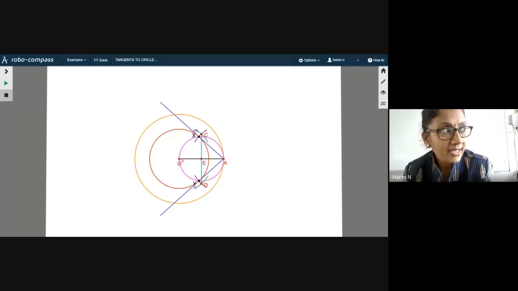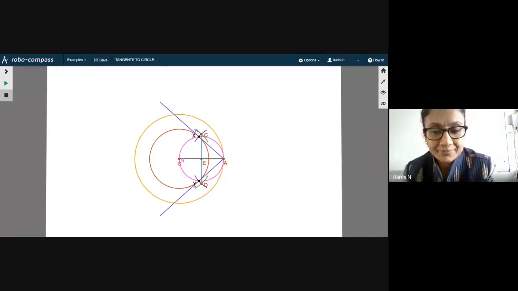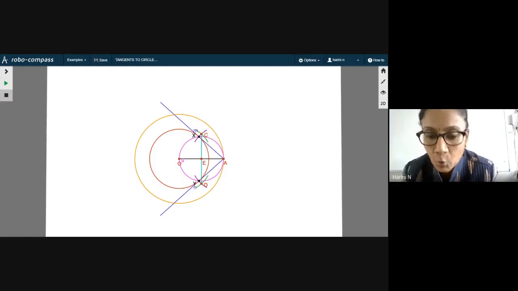Locate a point A anywhere on the circumference of the second circle. Got it? Yes, next step, please. Join OA. Correct. Join OA.